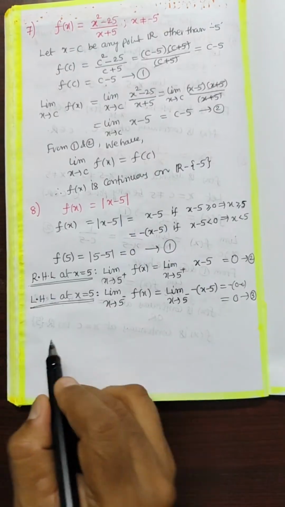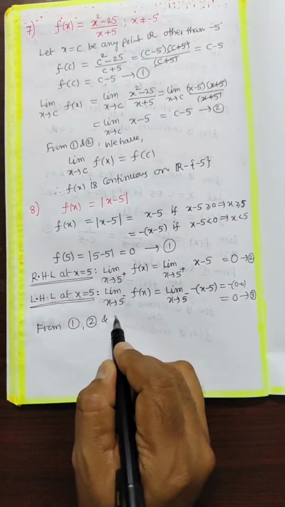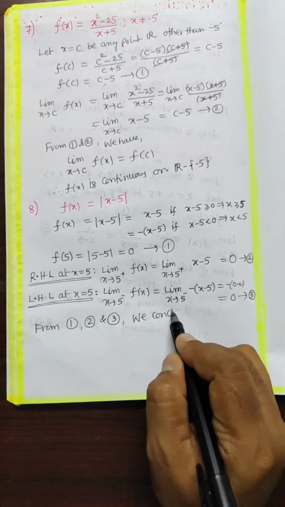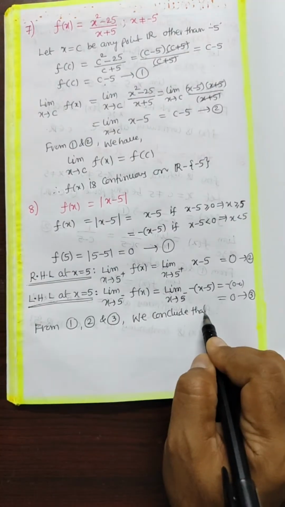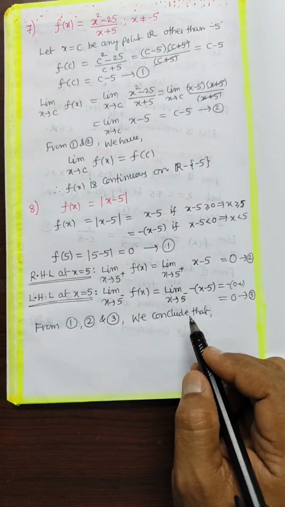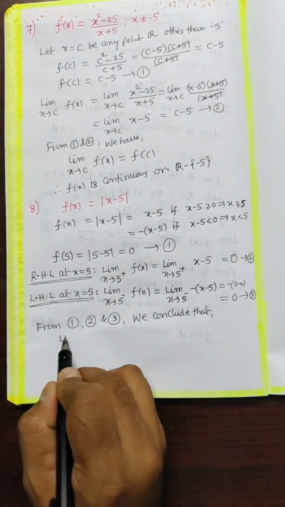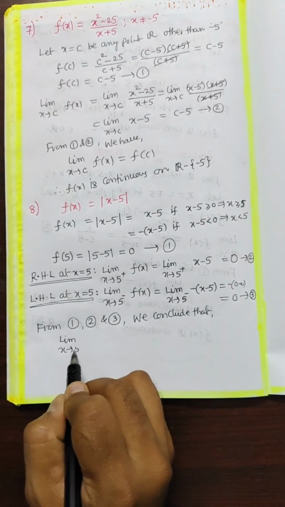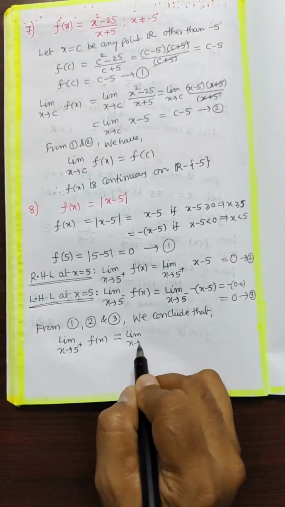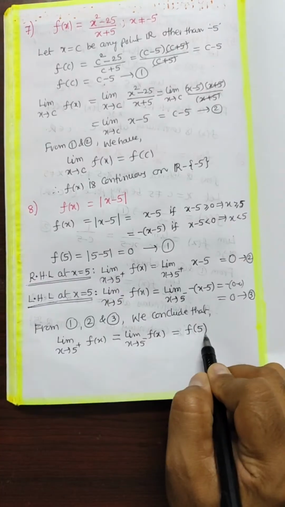Equation number 3. From equations 1, 2 and 3, we conclude that limit x tends to 5 plus f of x is equal to limit x tends to 5 minus f of x, which is also equal to f of 5.